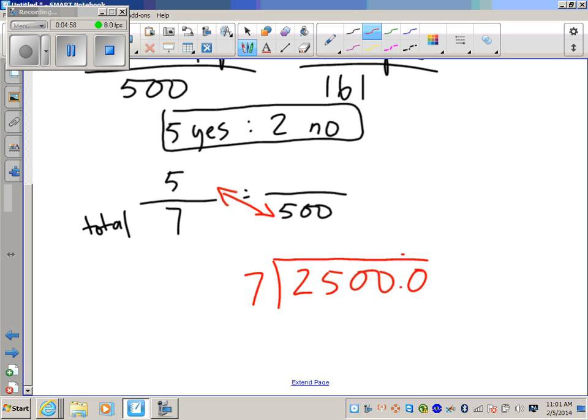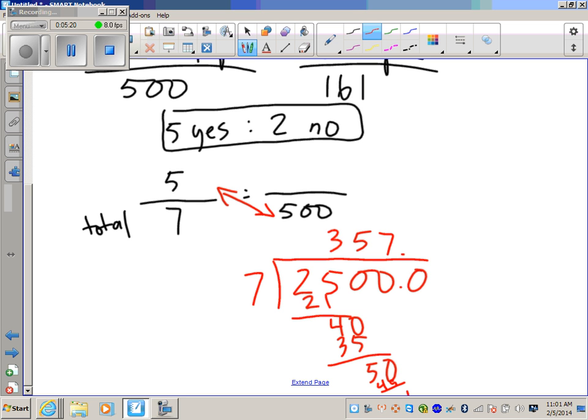Now we do our division. 7 into 25. 7 into 40. 7 into 50.